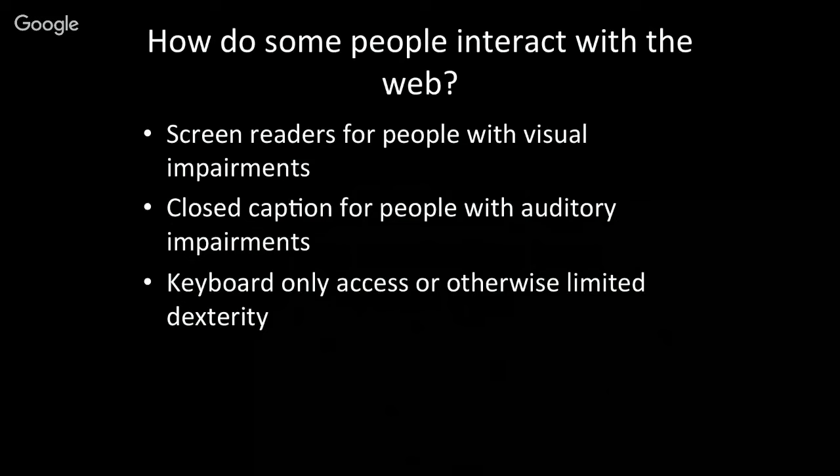Yeah, so if you have a video, have closed captions. If people can't hear your sound, they're not going to get anything out of that. People who have limited dexterity, maybe they have arthritis or muscular dystrophy or any kind of mobility issue, maybe they can't use a mouse. It's pretty common. It requires a lot of dexterity to use a mouse.